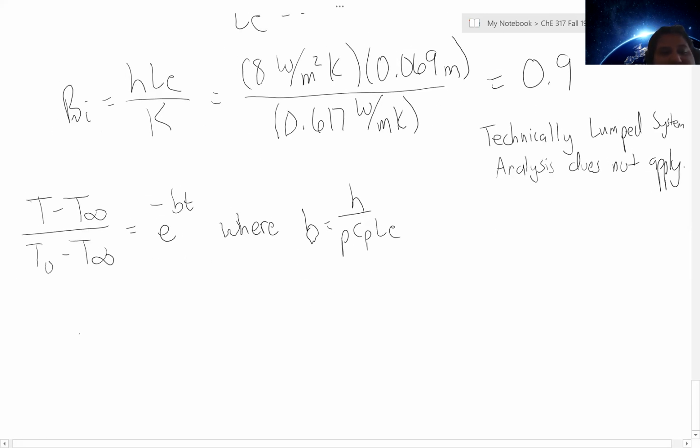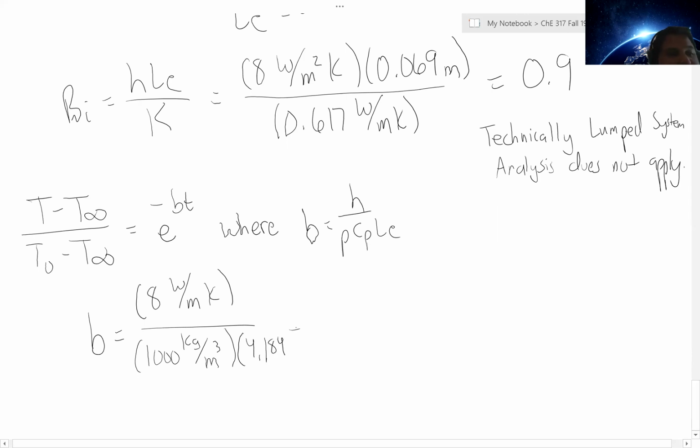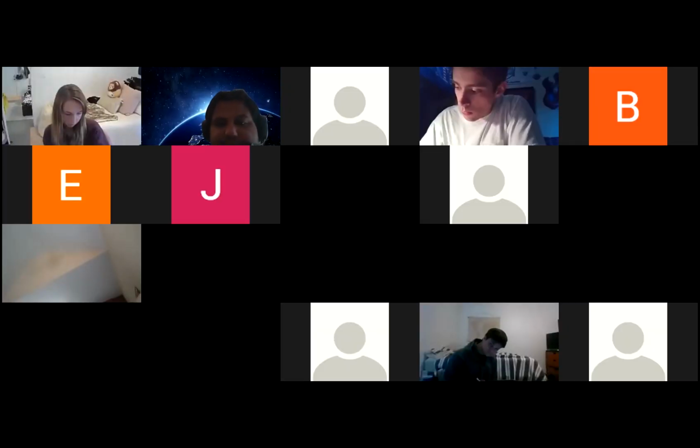So B is equal to h, or 8 watts per meter squared Kelvin, divided by the density, 1,000 kilograms per meter cubed, divided by the heat capacity of water, approximately 4,184 joules per kilogram Kelvin, divided by the characteristic length, 0.069 meters.